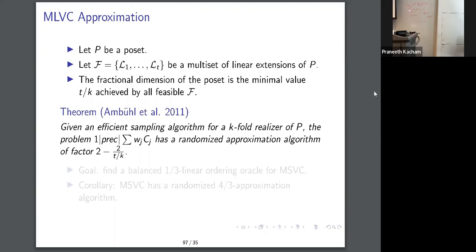But a nice way to show the existence of that is a randomized algorithm. Let's say we consider a random permutation of vertices, and if we show that the probability of one job being scheduled before the other job is at least some value p, then the fractional dimension is 1 over p.